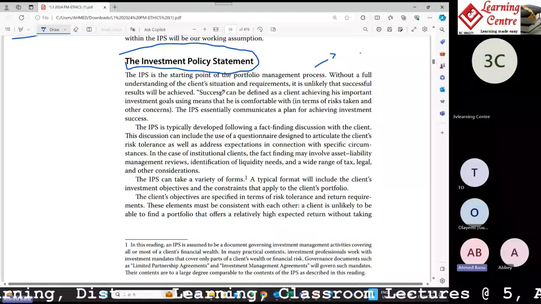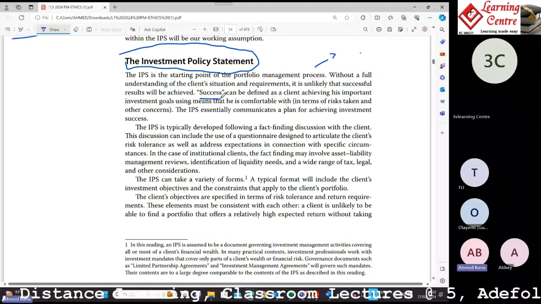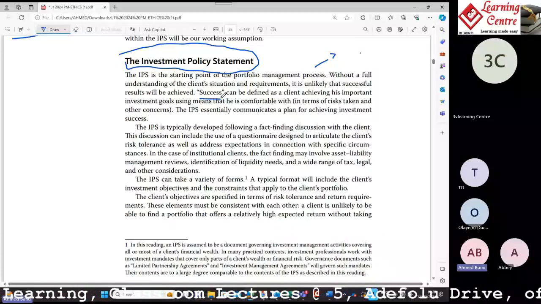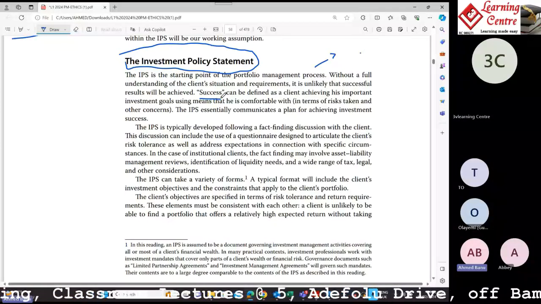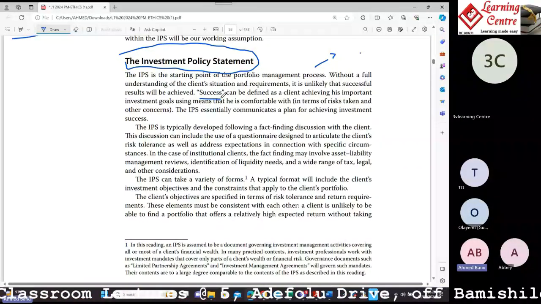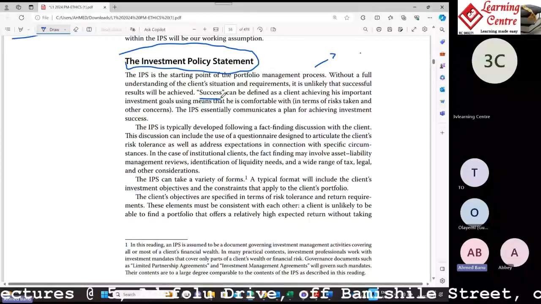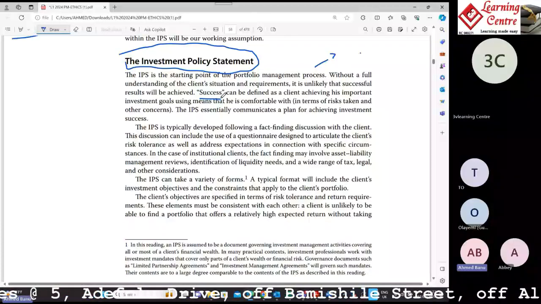So you can see success can be defined as achieving these important investment goals using means that he is comfortable with. The whole essence of portfolio management is to help your client achieve his investment goals.